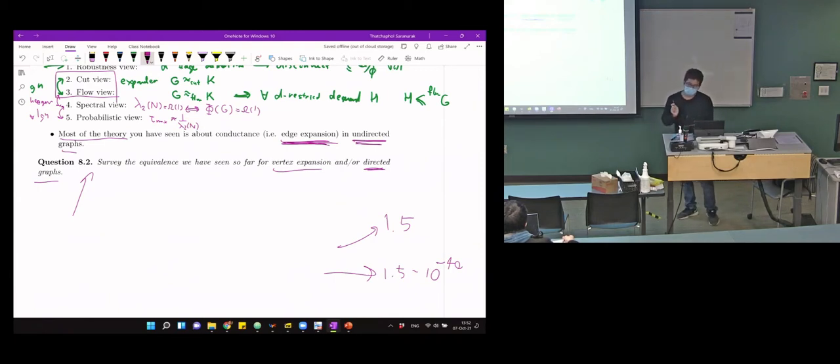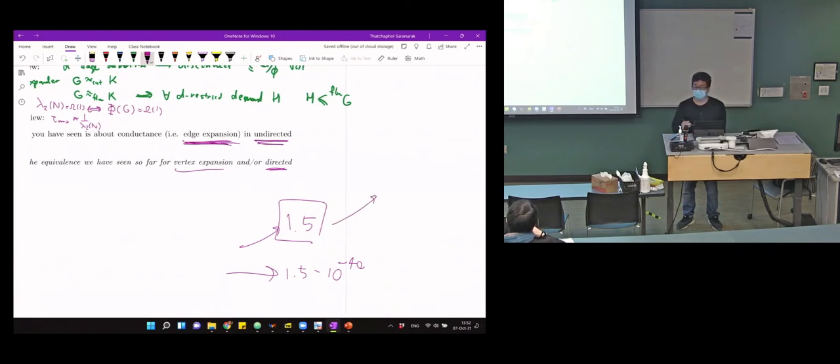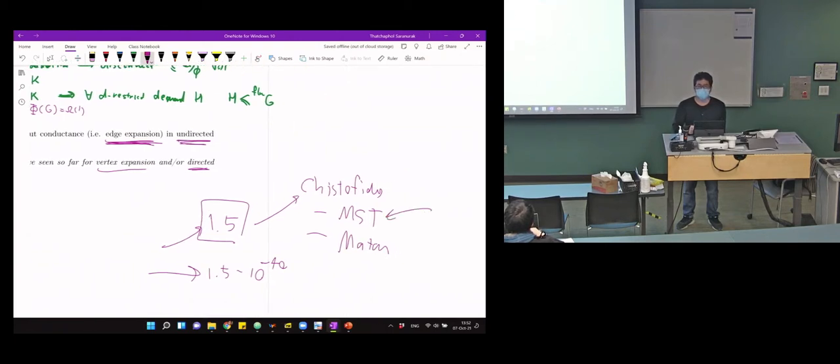I don't know enough to say. Basically, this is the Christofides algorithm, and there are two steps. One is to compute MST, and then one is to compute matching. Now you just replace this thing by a random spanning tree instead of a minimum spanning tree. And things get better. Any more questions?